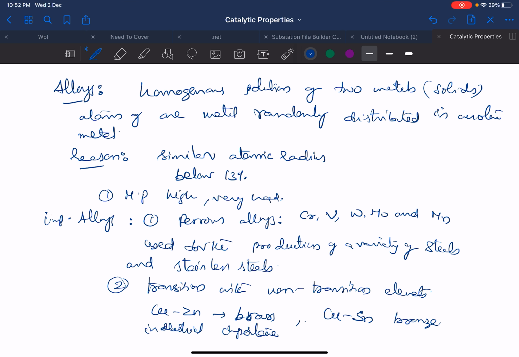So that is about the characteristic properties of the transition elements that we have. Now we have discussed the properties: the catalytic property, interstitial compounds, and third, the alloys.